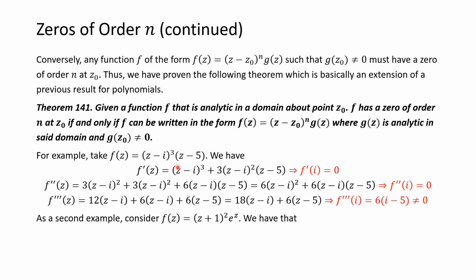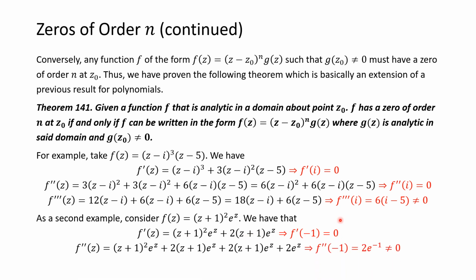Here's another example. We take f of z equals (z plus 1) squared times e to the z. Take the derivative here using the product rule. We get this expression. We put in minus 1, and again both terms have a z plus 1 in them, so that evaluates to 0. We take another derivative and we get this rather long expression.